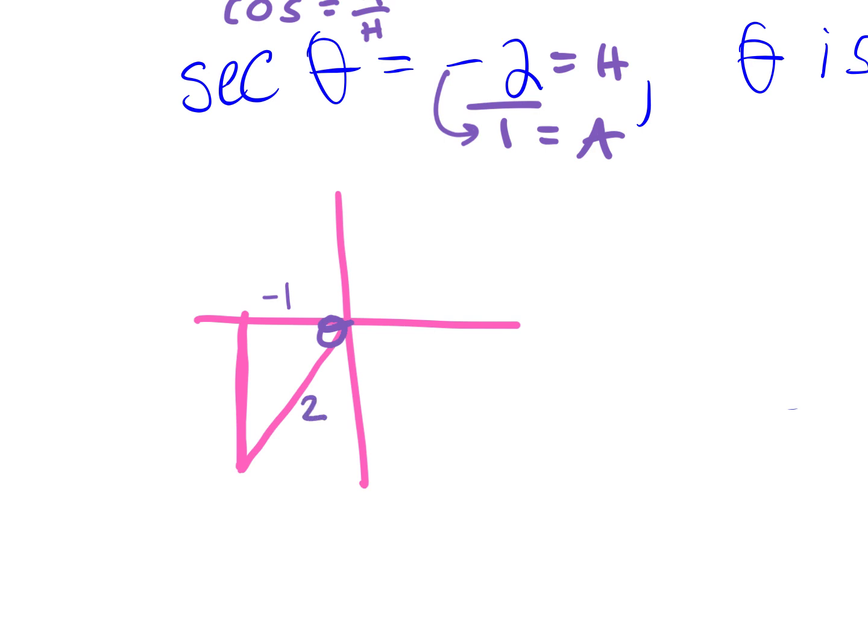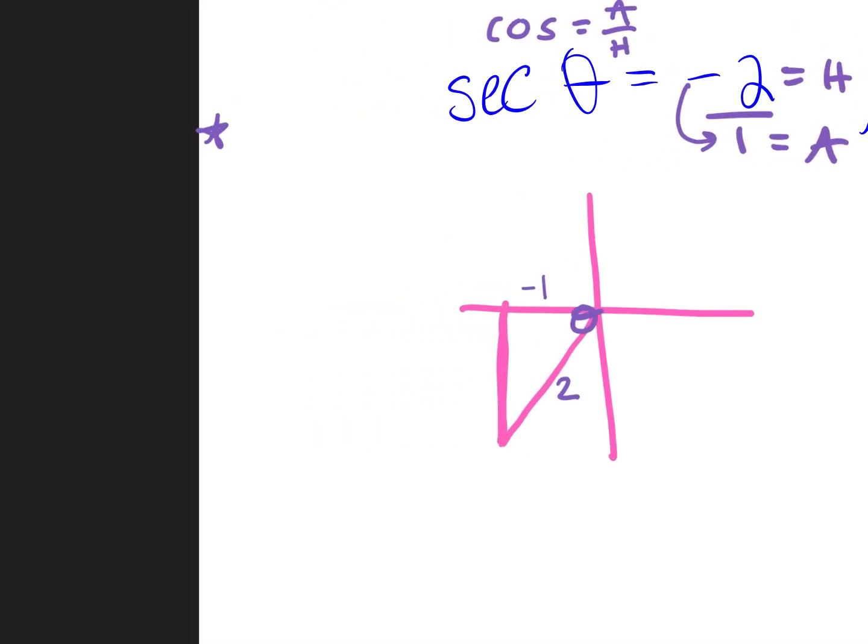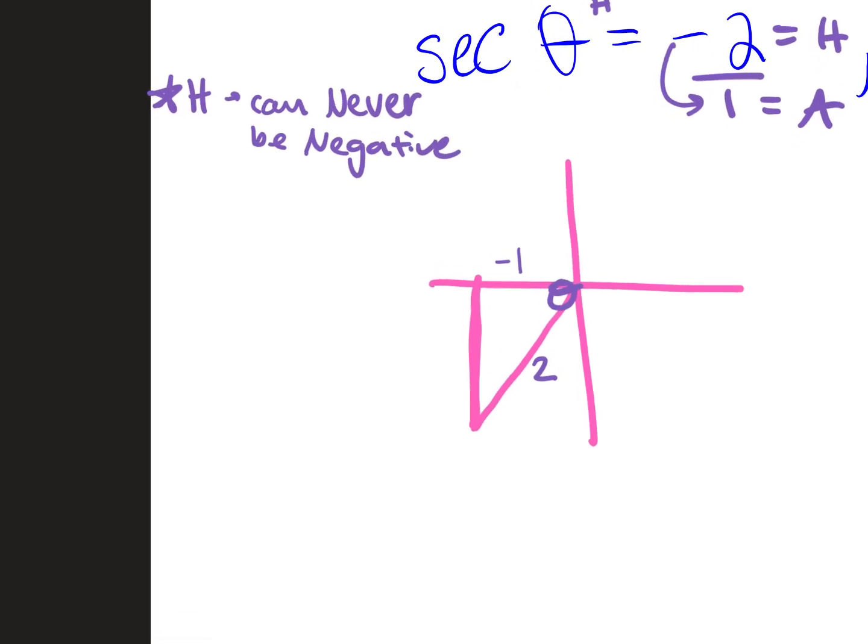Our hypotenuse can never be negative. Now, how do we find the missing side? How do we find our opposite?